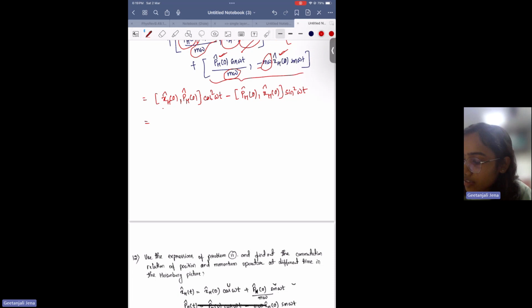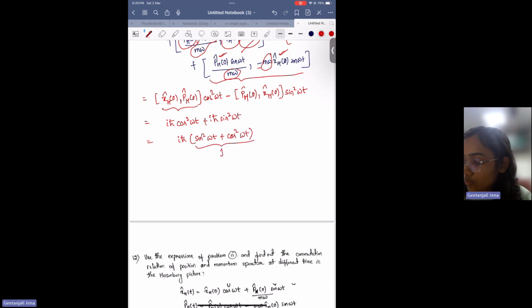This is the commutation relation of x with p, which is i h-bar, times cos square omega t. The second one is the commutation relation between p and x, so this is minus i h-bar. So this will be minus, minus, plus i h-bar sin square omega t, and this is nothing but i h-bar times sin square omega t plus cos square omega t.